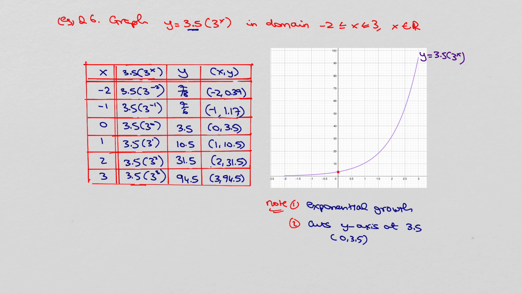And again, it never cuts the x-axis. It only infinitely approaches and gets closer and closer and closer, but never actually cuts it. Okay, so the graphs that you're going to draw for me now are going to be 2, 4, and 7.